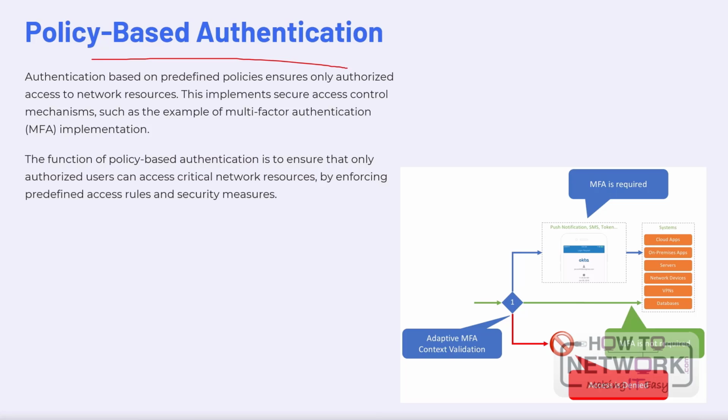The function of policy-based authentication is to ensure that only authorized users can access critical network resources by enforcing predefined access rules and security measures. It can be implemented using various methods, including password-based authentication, MFA, and biometrics. These policies can be configured to restrict access based on factors such as user identity, device type, location, and time of the day.